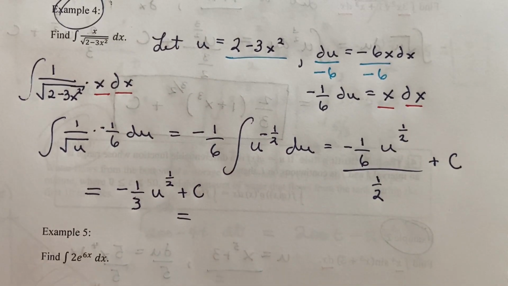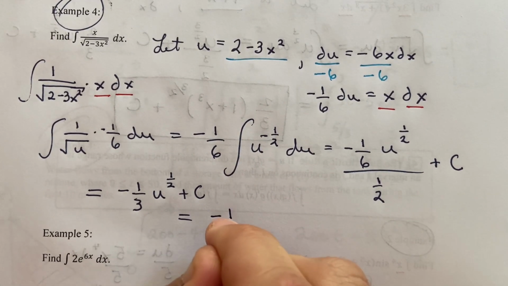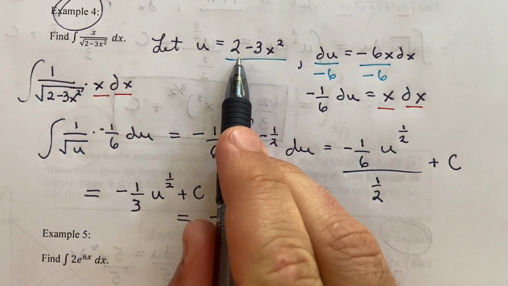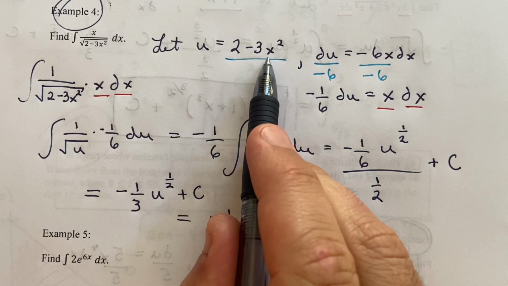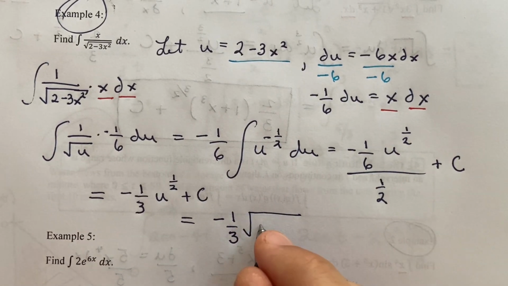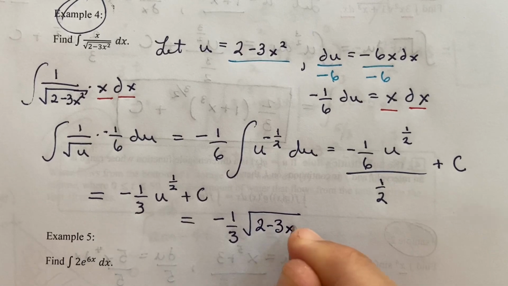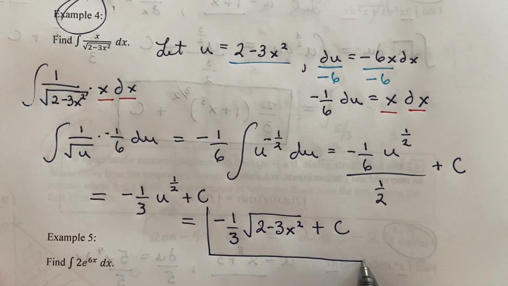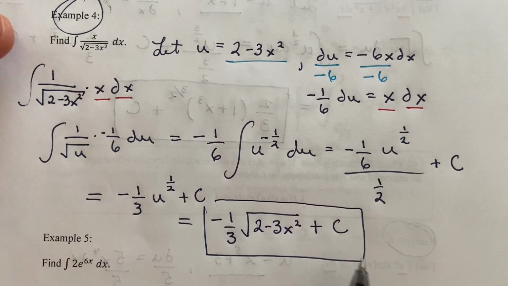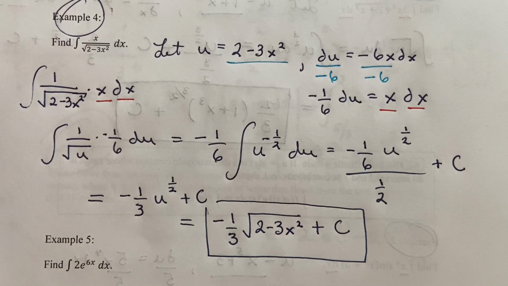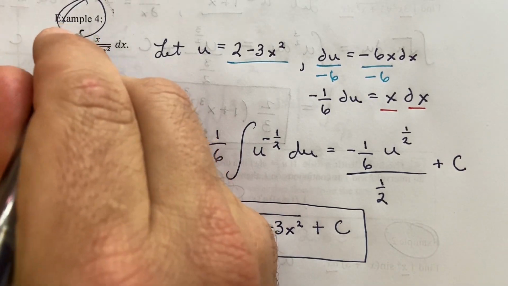In other words, we would have -1/3, and u is the same as 2 minus 3x squared. I'll just go ahead and write the 1/2 power as a square root. So the square root of 2 minus 3x squared, plus c. All right, I'm writing plus c on all these because so far these have been indefinite integrals, meaning no limits here and here.